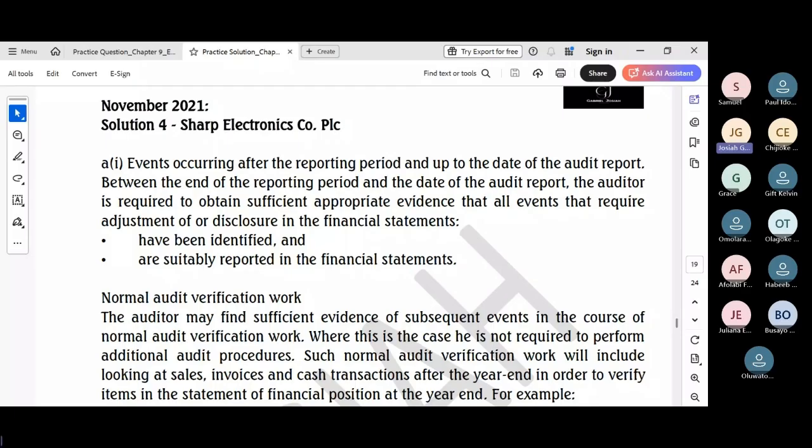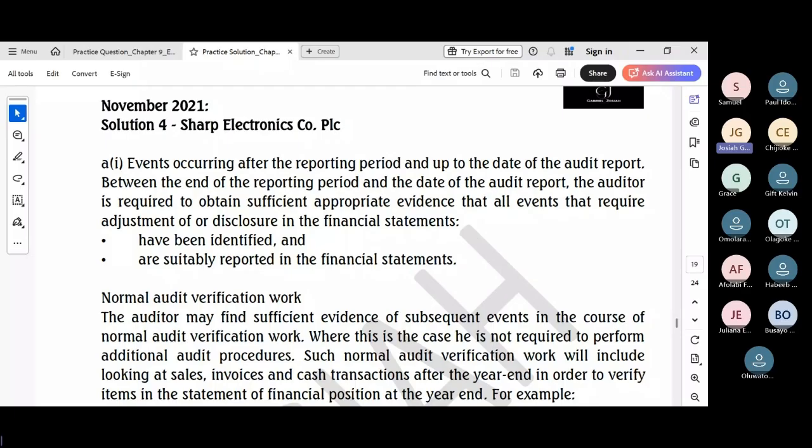So what do you write? State the overall objective. The objective is to obtain sufficient appropriate evidence that all adjusting and non-adjusting events are identified and reported. You need to detail the 2 categories of procedures.